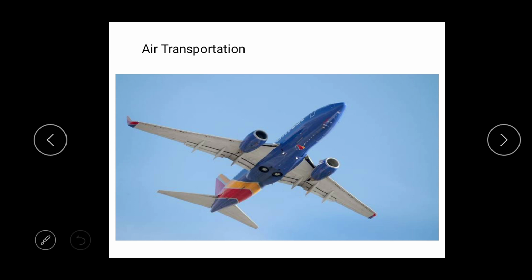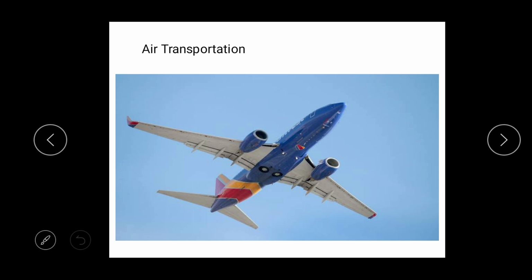Okay, so let's move on to air transportation. Who can tell me, can you guess what is air transportation? Movement of people and goods by air or in the sky. Yes, we can move from one country to another in a very little time with an aeroplane.